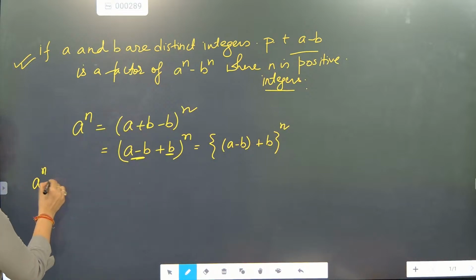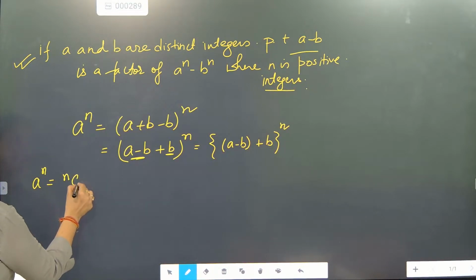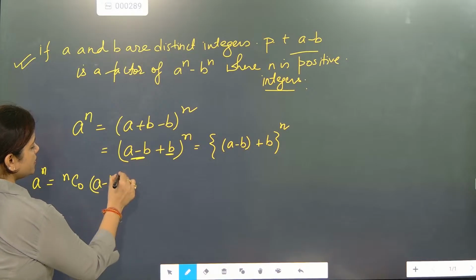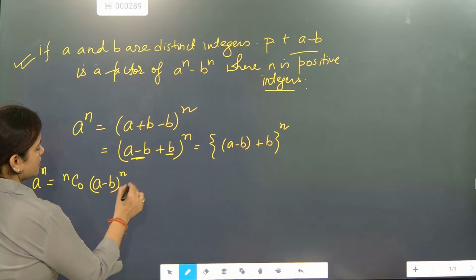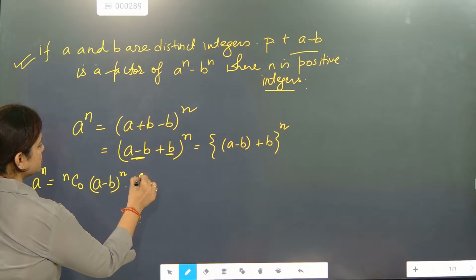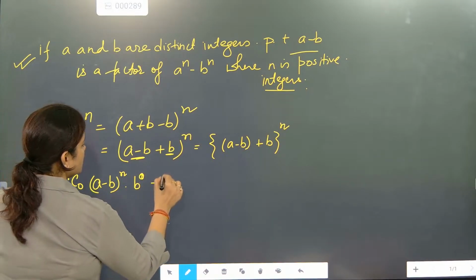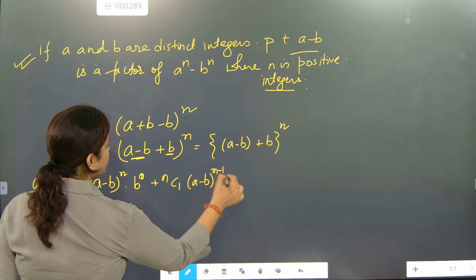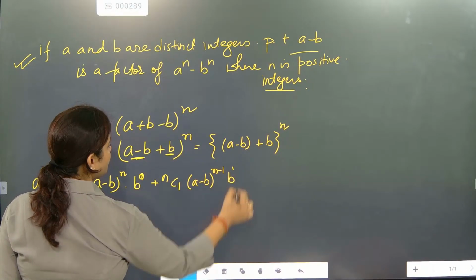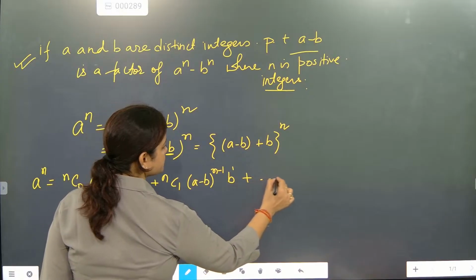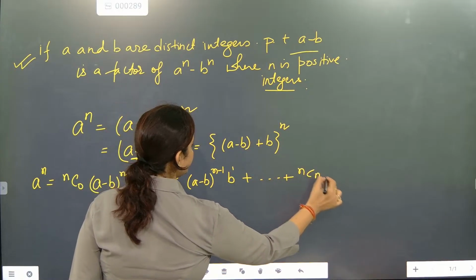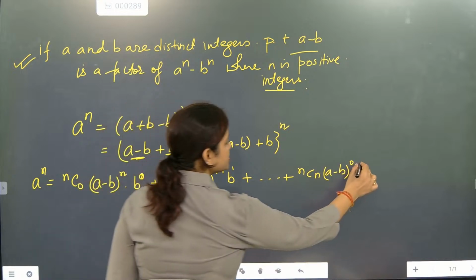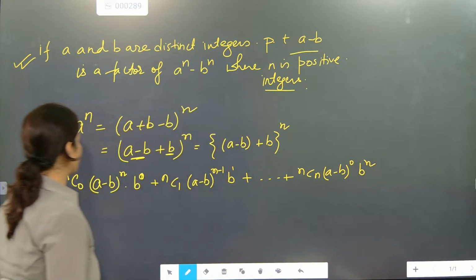Now a to the power n is equal to, we start with nC0 (a minus b) to the power n into b to the power 0. Now nC1 (a minus b) to the power n minus 1 into b to the power 1, like this, up to nCn (a minus b) to the power 0, which here is coming as b to the power n.